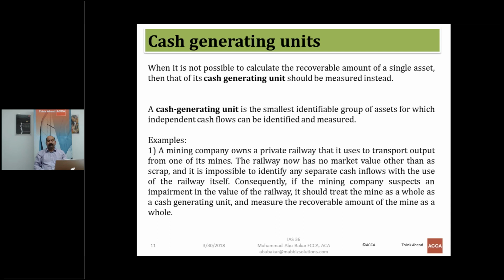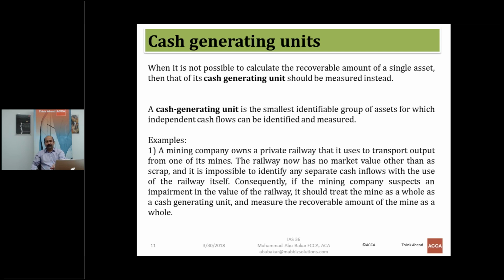Consequently, if the mining company suspects an impairment in the value of the railway, it should treat the mine as a whole as a cash generating unit and measure the recoverable amount of the mine as a whole. So the railway will be clubbed with the mine, and the mine will become the smallest identifiable group of assets from which independent cash flows are being generated.